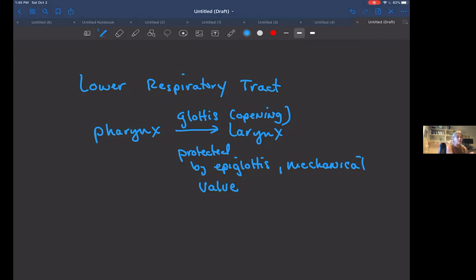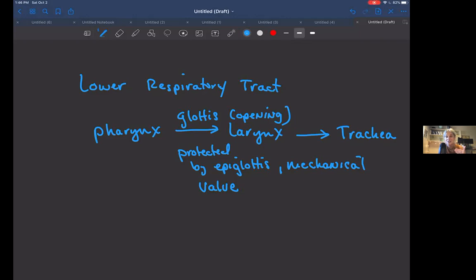So from the larynx, we then go into the trachea. There's only one trachea, and you can feel it on the surface of your throat because it consists of rings of hyaline cartilage. The trachea is an organ that has connective tissue and epithelial tissue. This is not where gas exchange takes place.